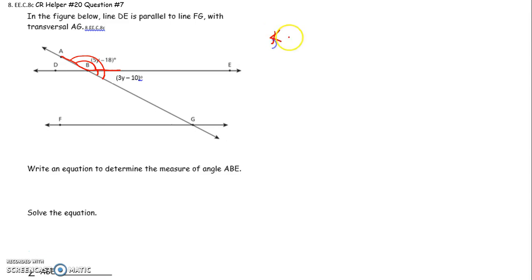So if you take angle ABE and you add to that angle EBG, the measure of angle ABE plus the measure of angle EBG, together those two angles sweep out 180 degrees.